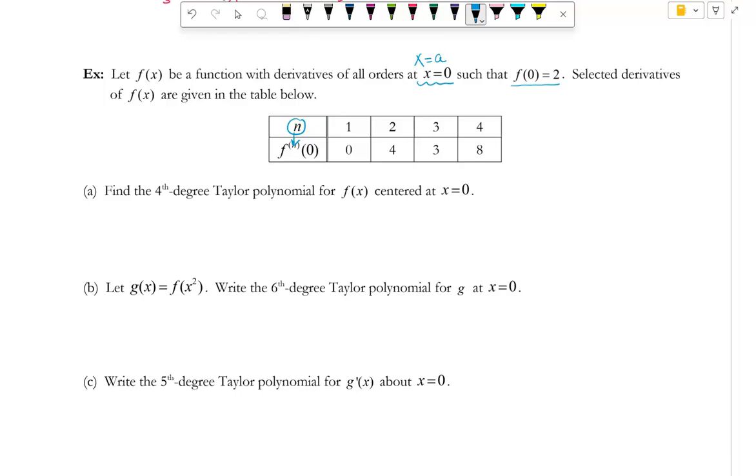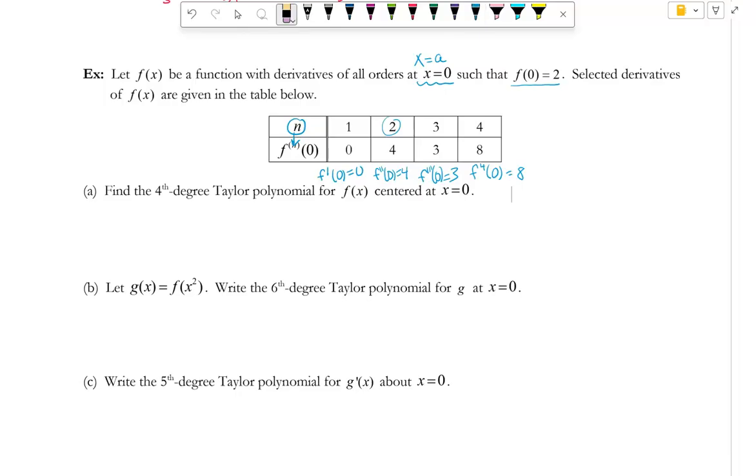So this is telling me my first derivative at 0 is 0. This 2 is telling me my second derivative at 0 is 4. My third derivative of f at 0 is 3. And my fourth derivative of f at 0 is 8.